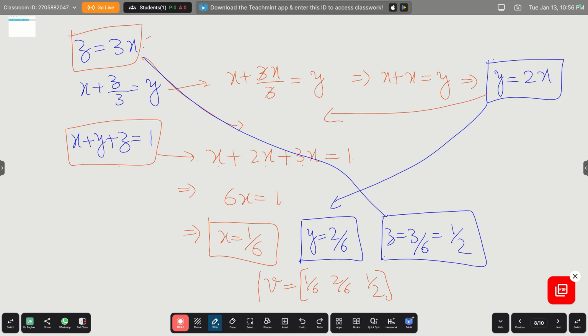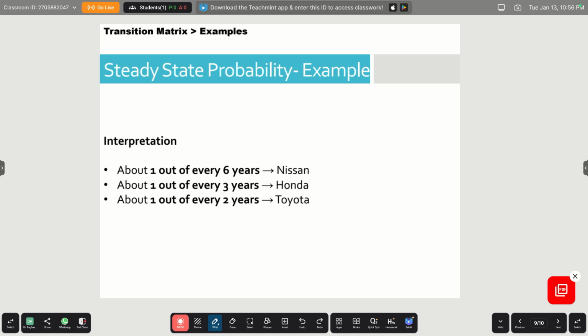So what is the interpretation? 1 by 6 and 2 by 6 can be written as 1 by 3. So 1 by 6, 1 by 3, 1 by 2 is my fixed probability vector.